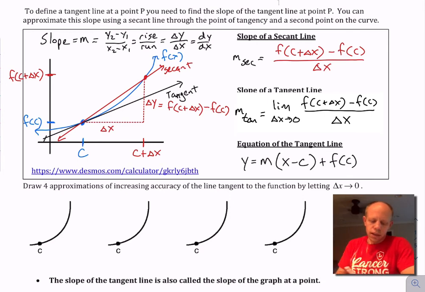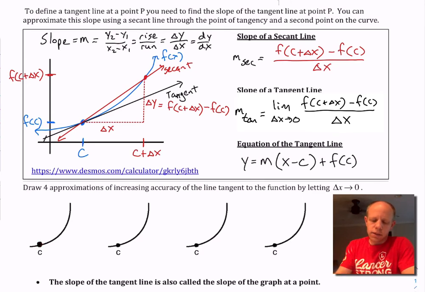So just thinking about what we talked about here, we're trying to find the slope of a tangent line here at point C. And so to do that, we are going to start off just by thinking about the secant line through this point right here. And what we have is some distance. We're going to call that distance delta x.